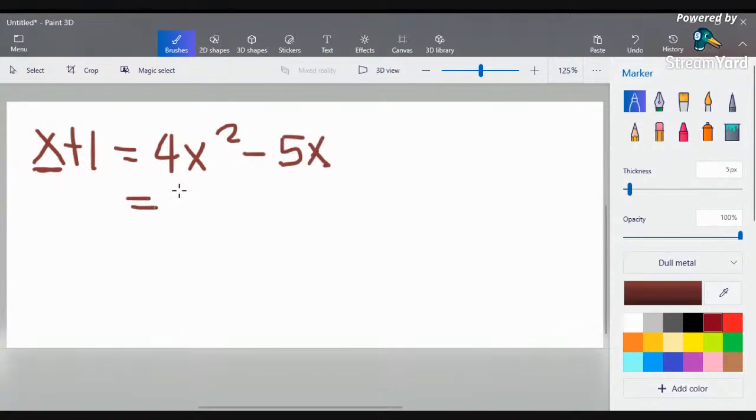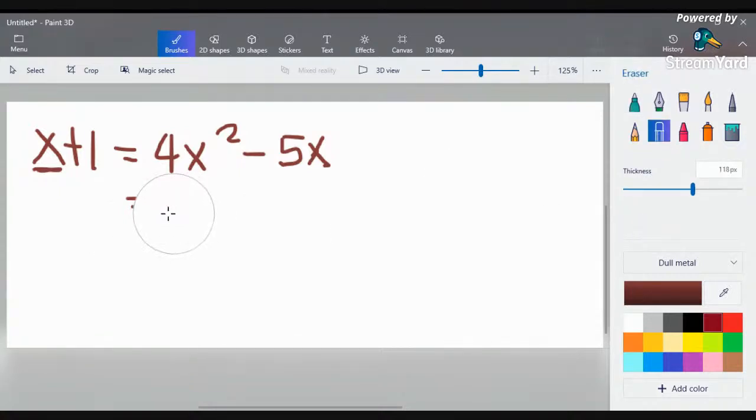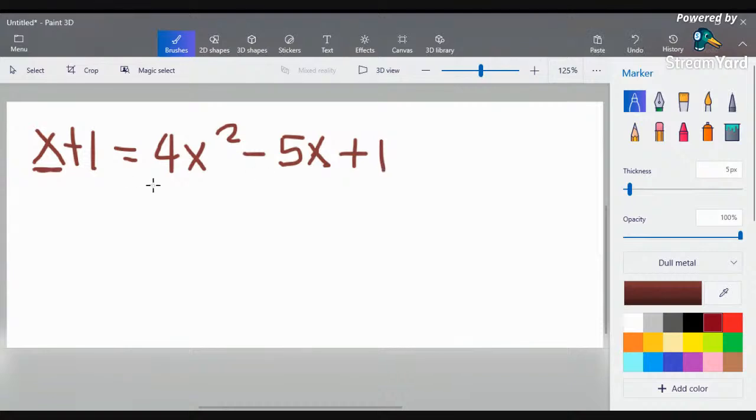So that is 4x squared minus 5x, then plus 1. So this will be your final answer because you only have to substitute 4x squared minus 5x, then copy your plus 1. Okay, so let's proceed to the exercises.